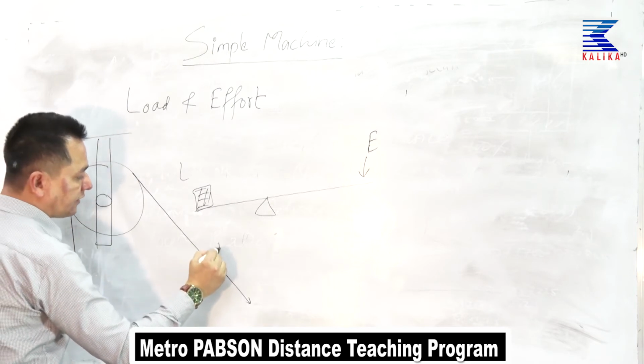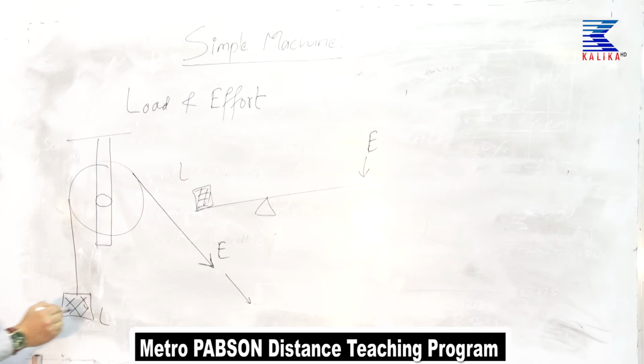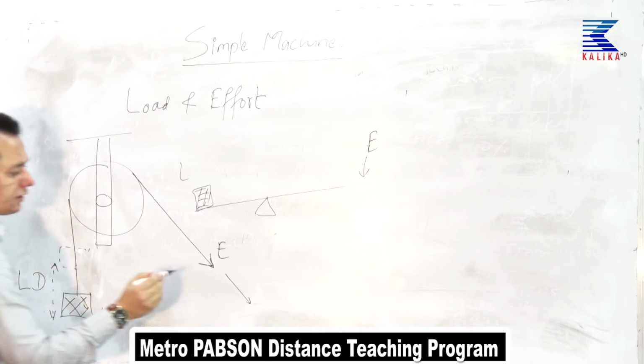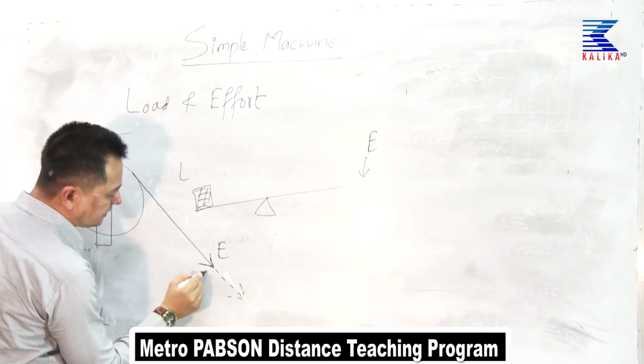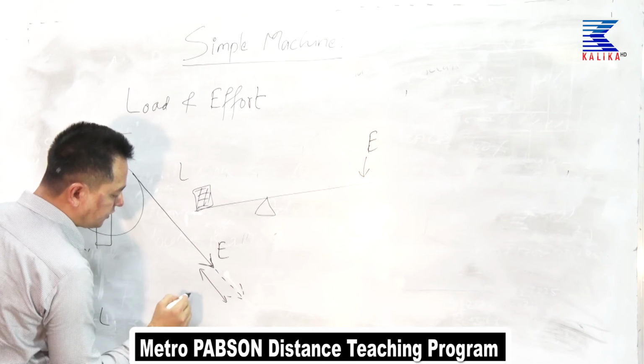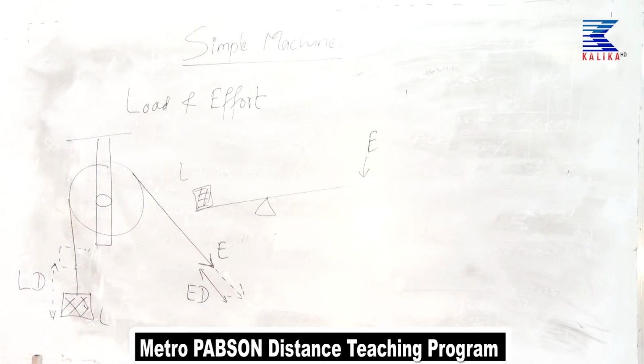So we apply our effort here, and this is the load. While pulling this downward, the load moves upward. Suppose it is now here. This distance is the distance traveled by the load, so LD means load distance, and this is the distance traveled by the effort, so this is effort distance.